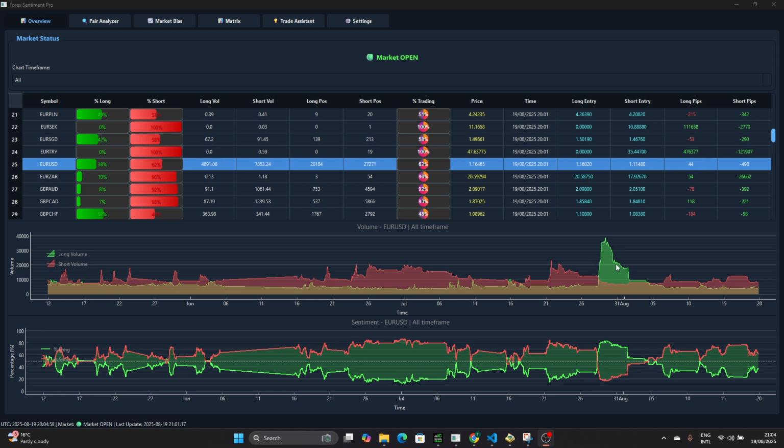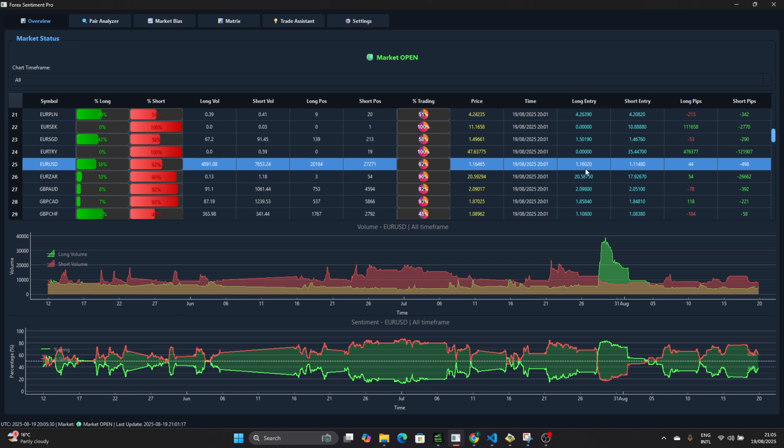Not sure why this happened exactly, because I haven't gone back on the charts, but these spikes usually happen during high impact news, where retail traders are going against the economic indicator data. Overall, this gives you a really good insight about the volumes, how they play their long and short volumes.